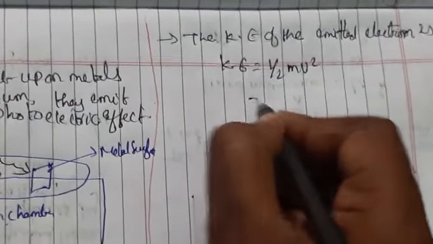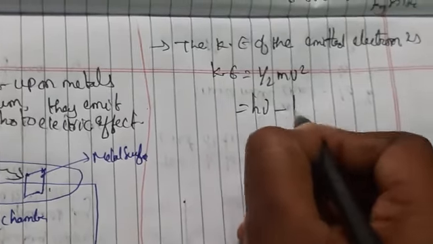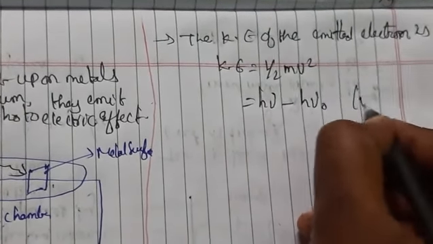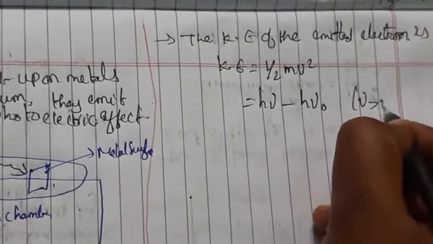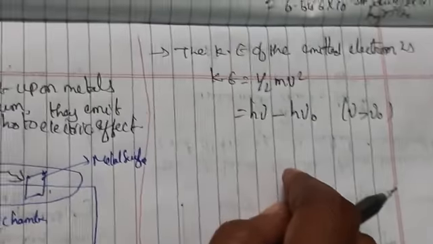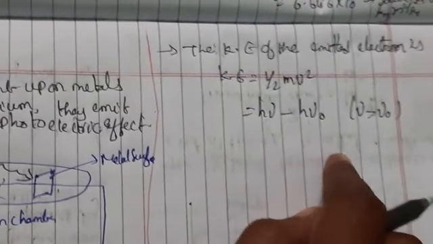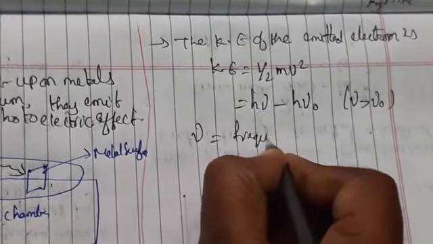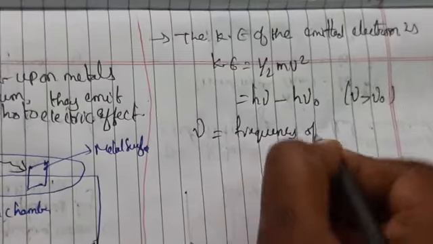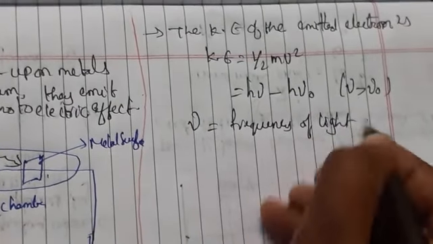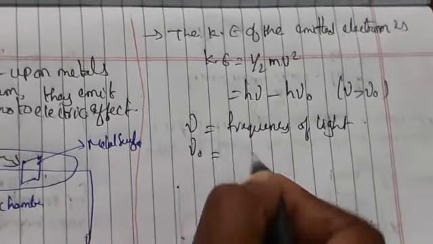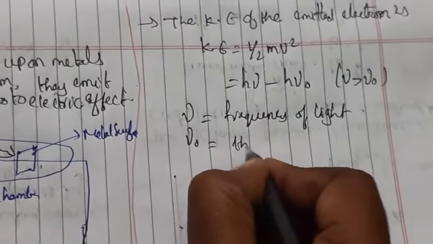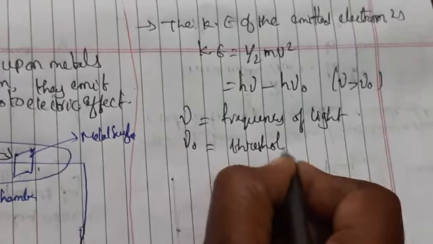This can be written as h nu minus h nu naught. Why? Because nu is greater than nu naught, where nu is the frequency of light, and nu naught is the threshold frequency.